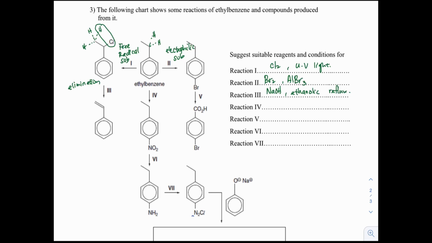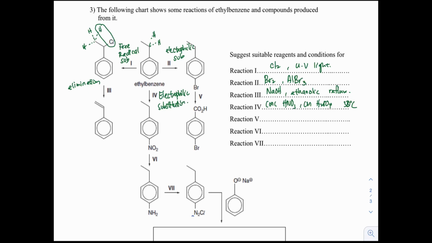Next will be reaction 4. Reaction 4 is the substitution of NO2. For this, we will need concentrated HNO3 and also concentrated H2SO4. The temperature is about 30 degrees C. This is known as electrophilic substitution.